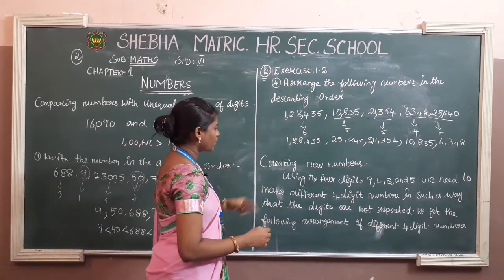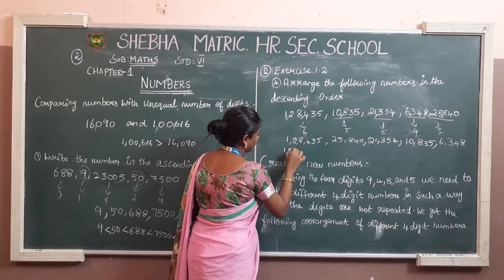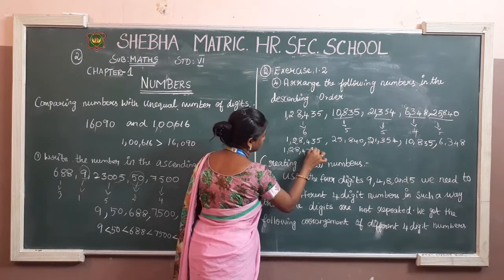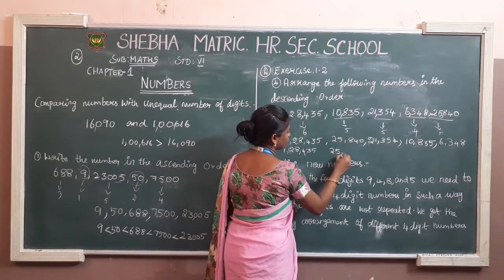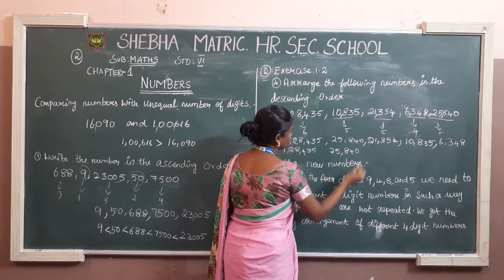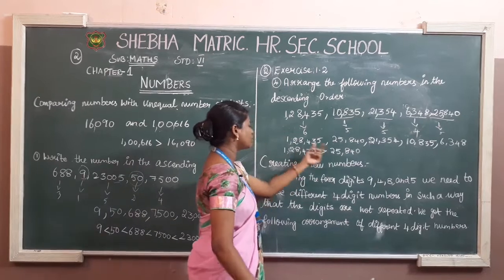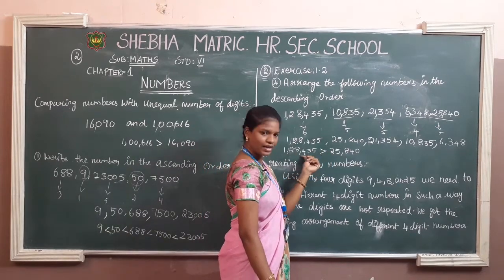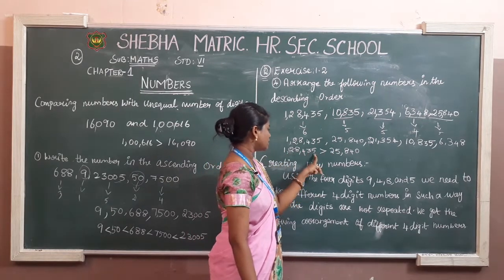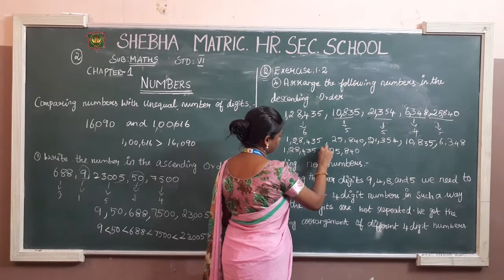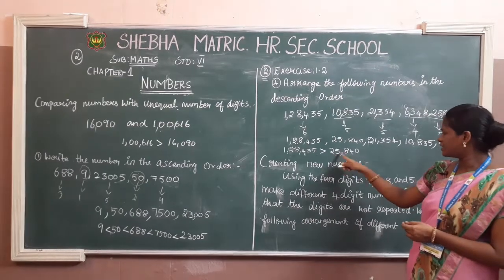So how can we represent this with the symbols? Okay, then write the numbers. 1,28,435, then 25,840. Which is greater? This is the greater. So the symbol opens towards the greater side. So 1,28,435 is greater than 25,840.